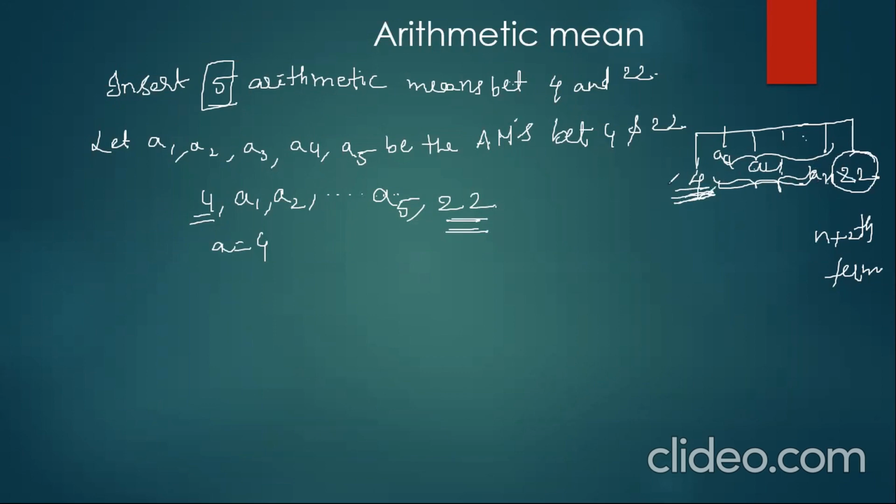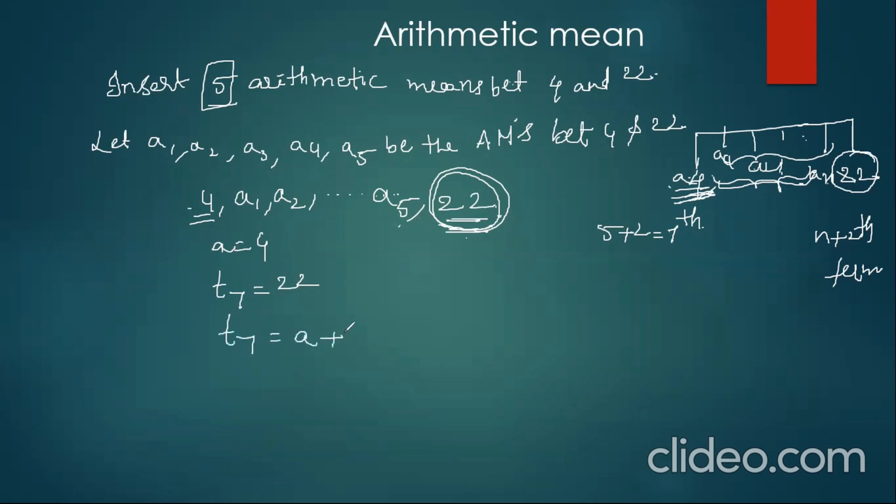So whenever you insert 5 arithmetic means between 4 and 22, this 22 becomes the 5 plus 2, that is 7th term. You observe 1, 2, 3, 4, 5, 6, 7. So this becomes the T7 term, and T7 is equal to 22.